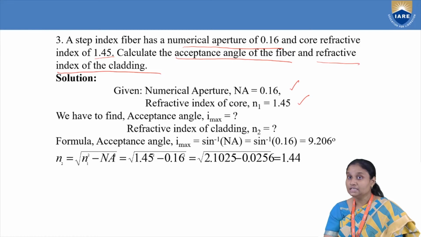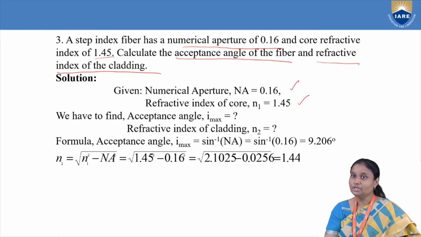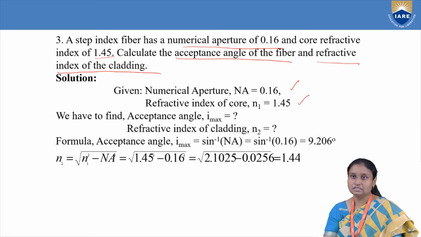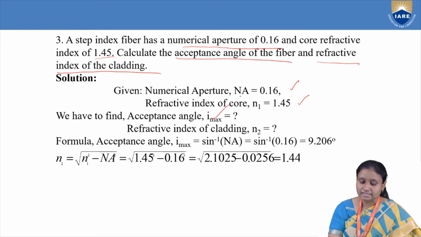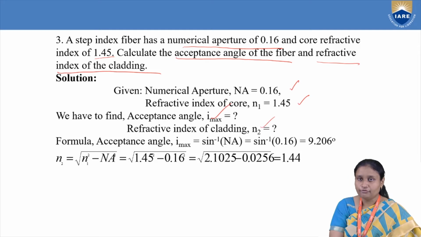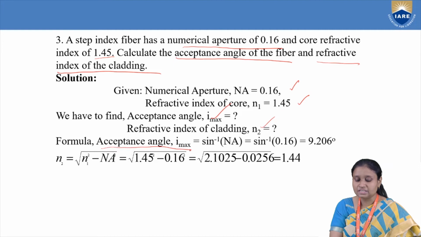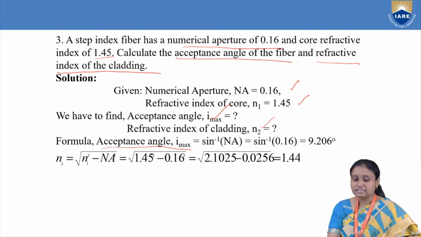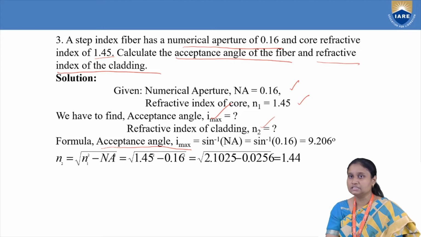What is the data given? Numerical aperture value and refractive index of core are given. Now, how to find acceptance angle and refractive index of cladding? We'll make use of the formula which we have discussed in the previous problem. Acceptance angle is sine inverse of numerical aperture, because numerical aperture is sine of acceptance angle.